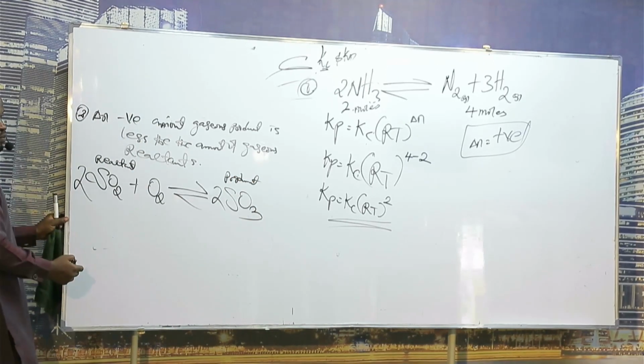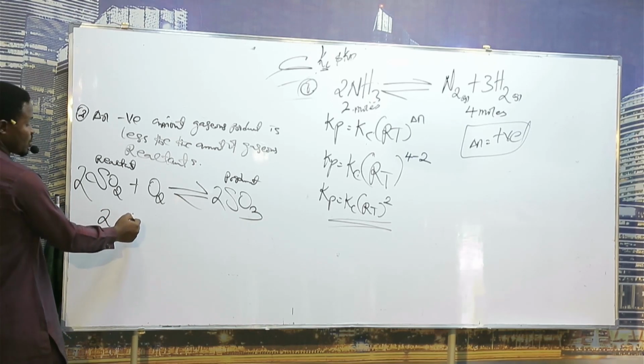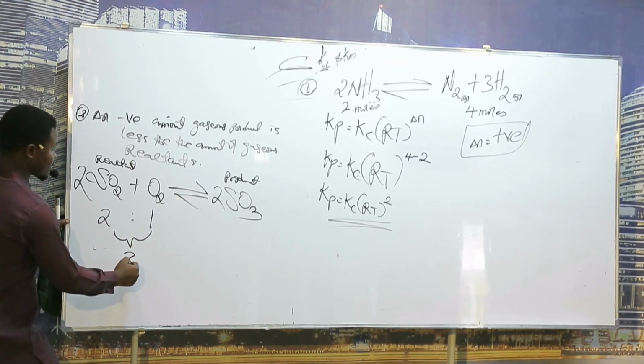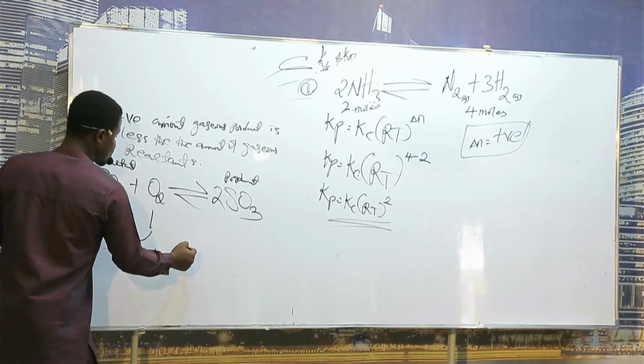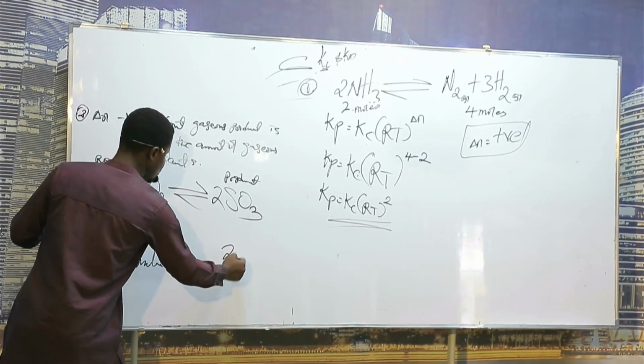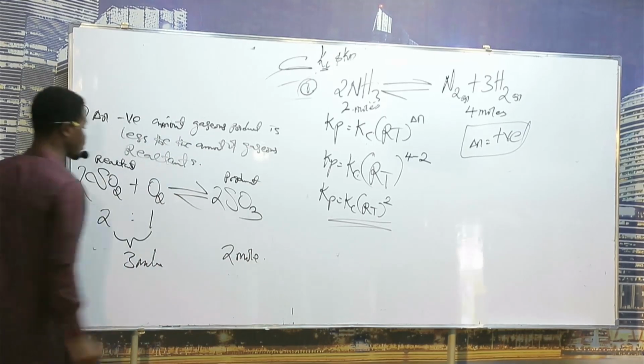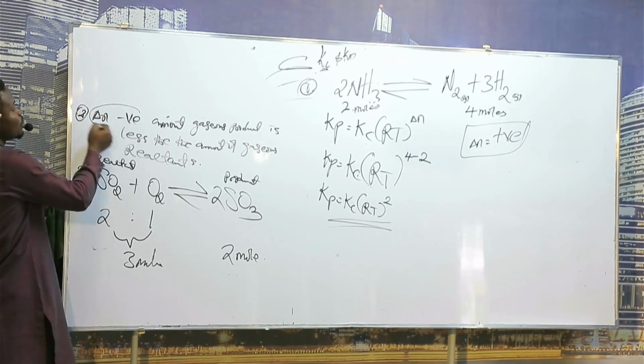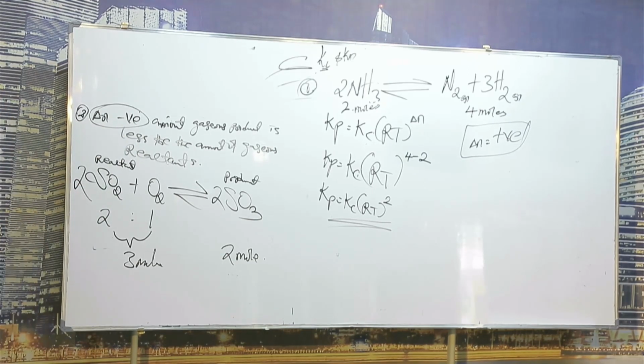The total number of moles here is 2 plus 1, which is 3 moles. Here it is 2 moles. So what will be the change in the number of moles? Is it minus 1?